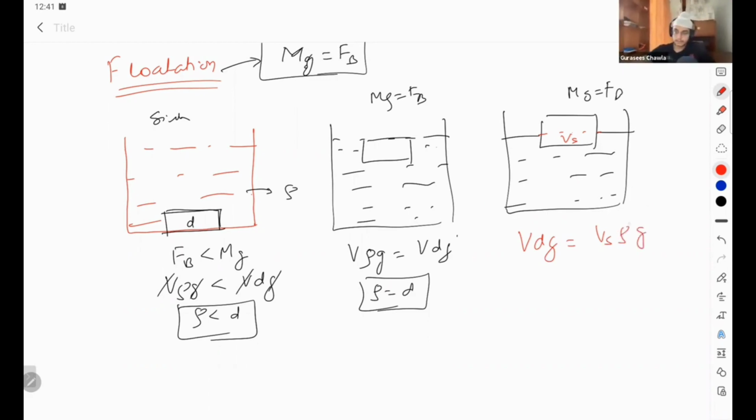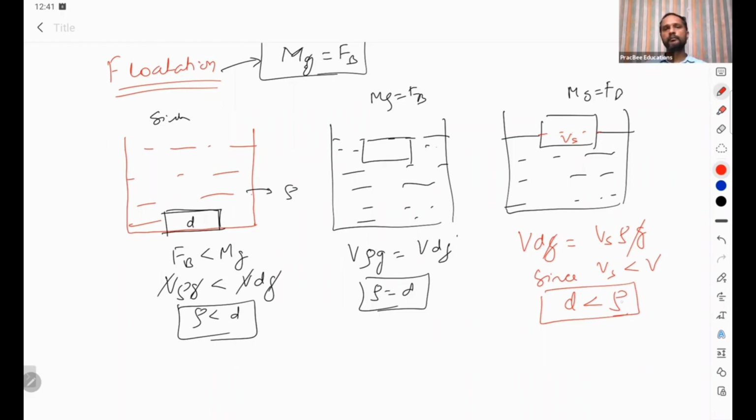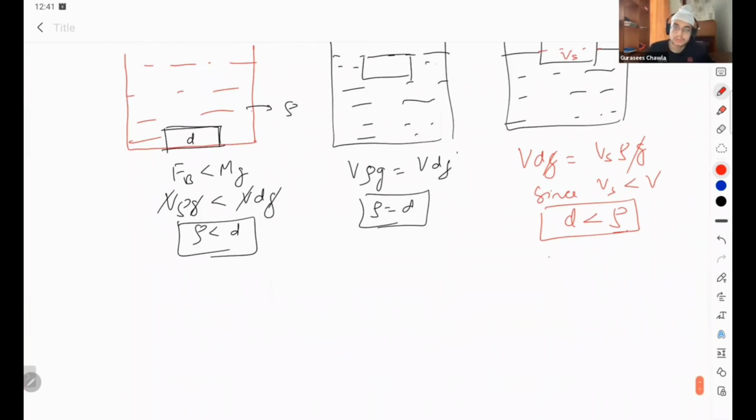Right. So this g gets cancelled out. Since Vs is less than V, this implies that D is less than rho. क्योंकि दो चीज का मल्टीप्लिकेशन यदि कांस्टेंट है तो एक चीज कम होगा तो दूसरा ज्यादा होगा. Yes. Understood? Yes. So but इसके साथ साथ ये भी याद रखना कि Vd is Vs into rho.